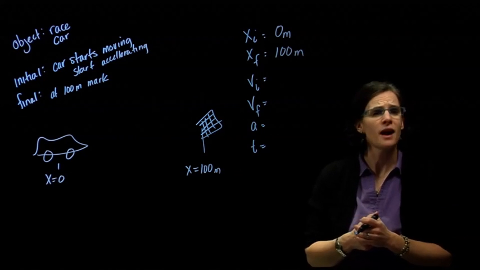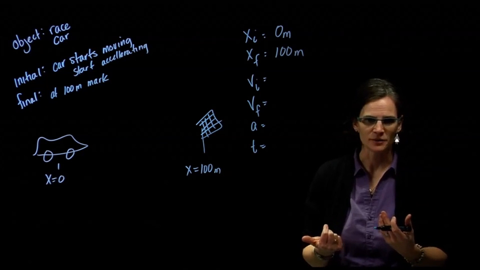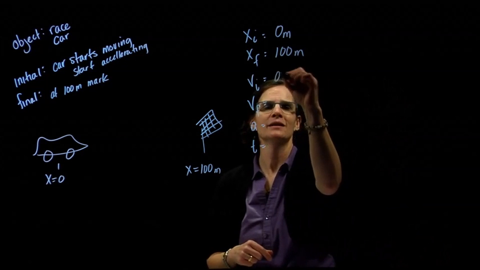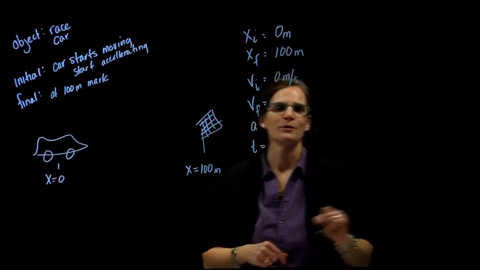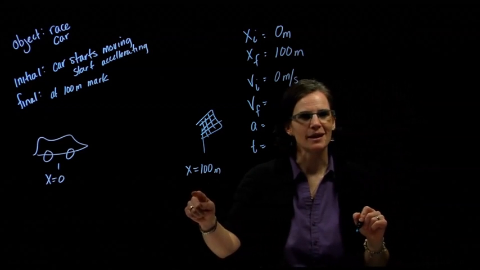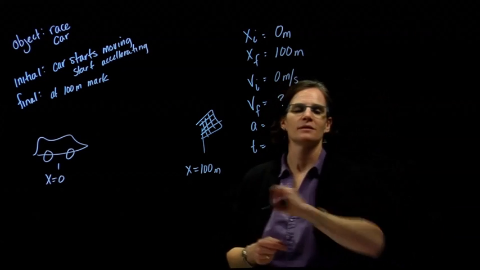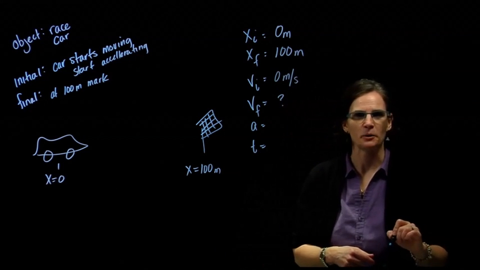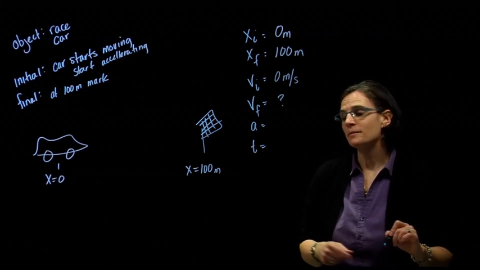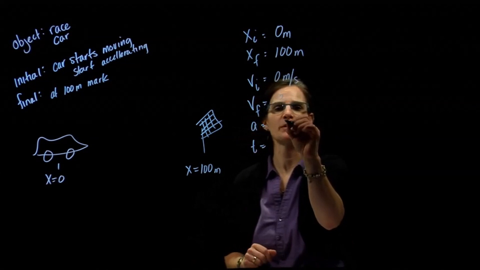What is the velocity at the beginning when he starts accelerating? Well, he's not moving in this race, so the velocity is 0 meters per second at the beginning. And how fast is he going when he hits that 100-meter mark? We don't know. So that's a question mark. That's not given in our problem. The problem tells us that he accelerates at 9 meters per second squared.